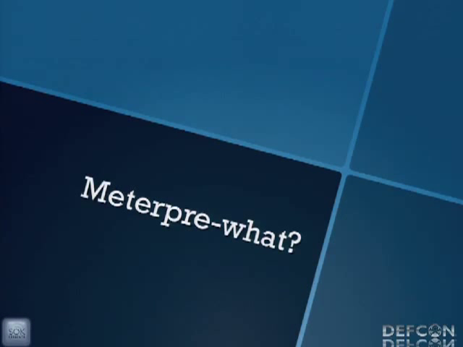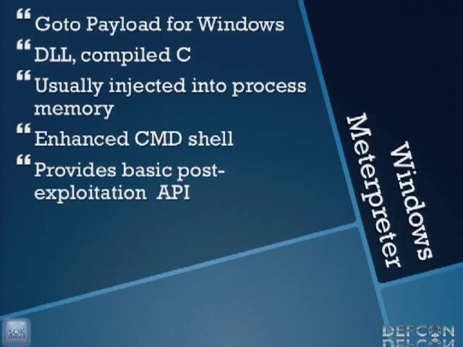For those of you who don't know what Meterpreter is, it is sort of the default go-to payload now for Metasploit. It is a compiled C DLL that most of our exploits inject into memory via a stager. It provides an enhanced command shell, but what's really important is that it provides a standard API that module developers can code to, and it provides a lot of functionality.